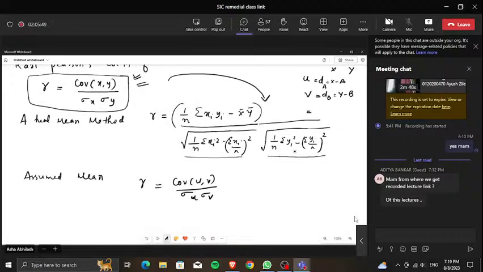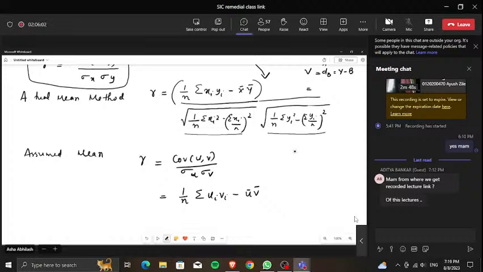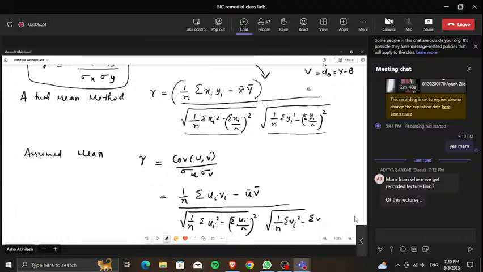So what changes will occur in the formula? It's nothing but 1 by n into summation ui vi minus u bar v bar. Nothing to remember separately. The same thing is there, but u and v are the deviations from the assumed mean. And sigma u will be the root of 1 by n into summation ui square minus summation ui by n whole square, and sigma v similarly with vi.